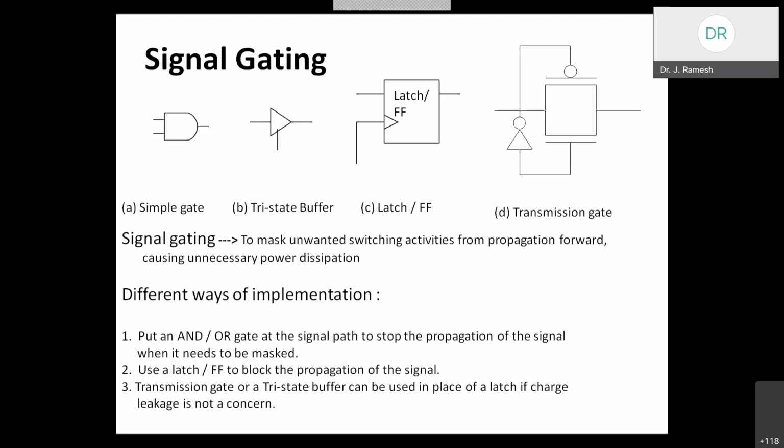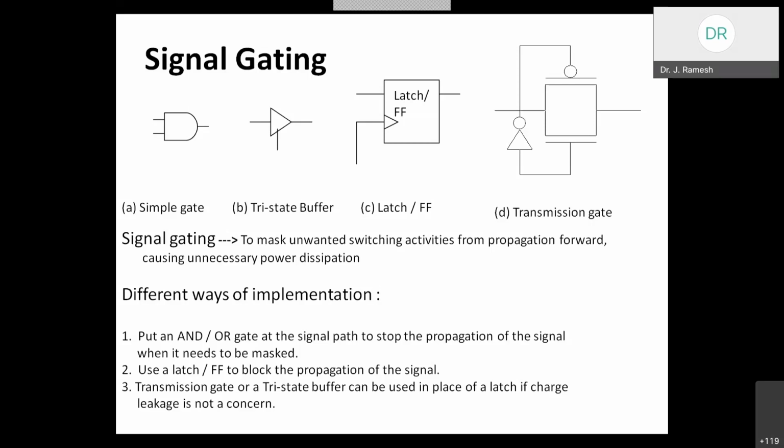Or otherwise, we can go for a tri-state buffer. By appropriately giving the control signal, we can stop the propagation of the signal. And apart from that, we have latches and transmission gates. By not giving the clock signal, the input cannot propagate to the output in the latch.